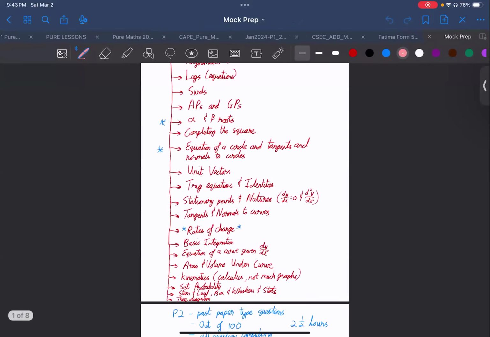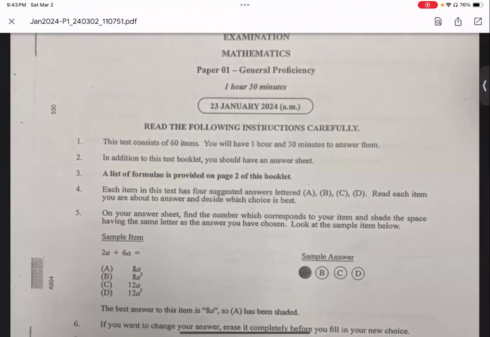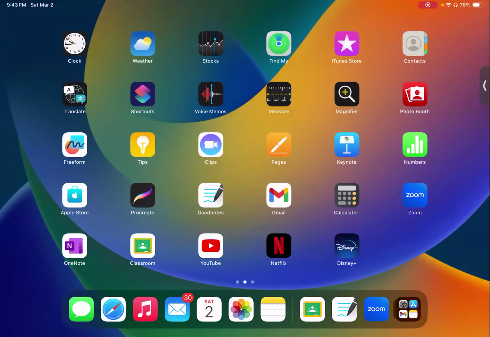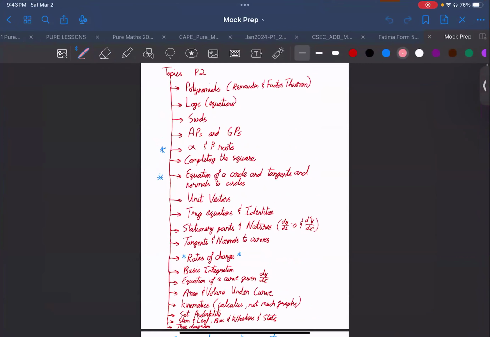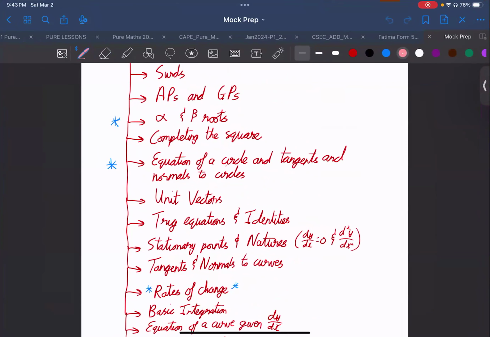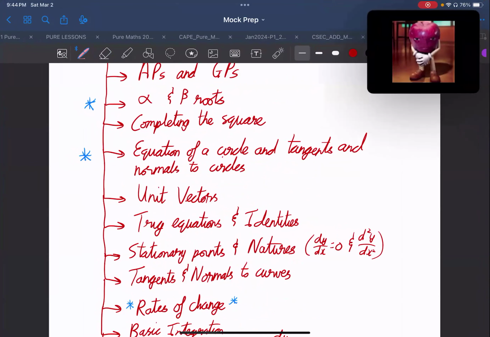Now is not the time to try and play hero, right? Now is the time to say, well, I'm kind of good in polynomials, I'm good in SIDS, could use some work in alpha, beta, and so on. But if you completely don't know any topics, try and stay away from that, right?